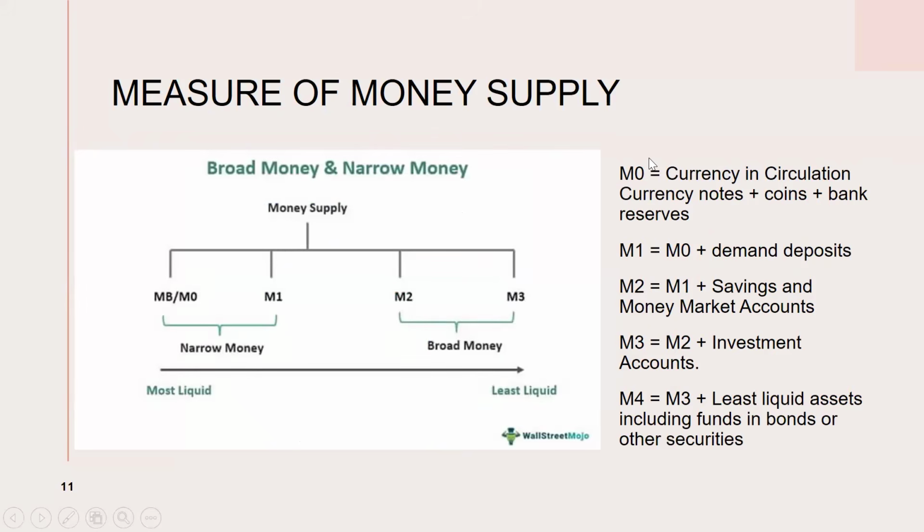So M0 is the narrowest form of money. M0 relates to money that is already notes and coins in circulation in the economy, as well as the money that's in the bank reserves. Those are the most liquid accounts.